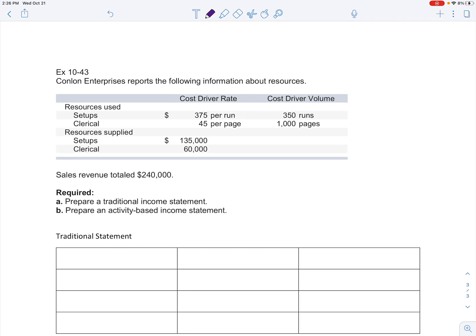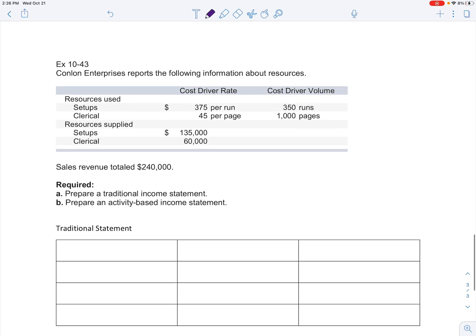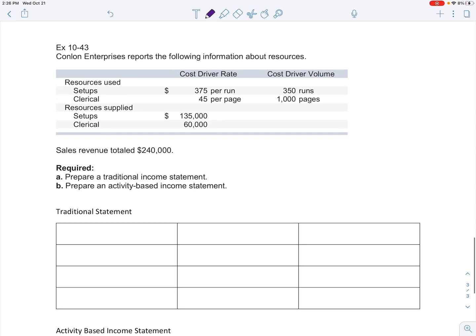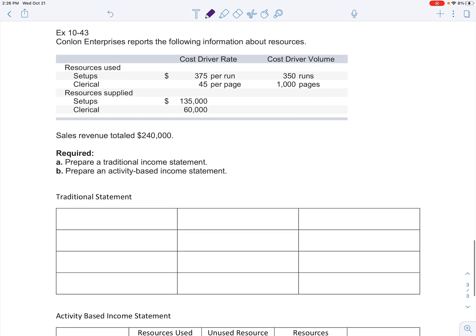But here we're going to input it into our income statement and convert it into resources used versus unused resource capacity, looking at how we can be more efficient. So given this data, simply put, they want you to just do that regular old income statement. We want to see what our costs look like.